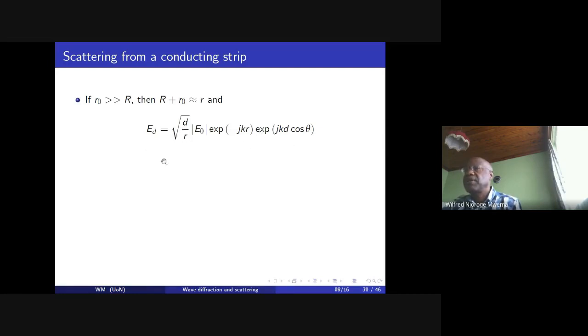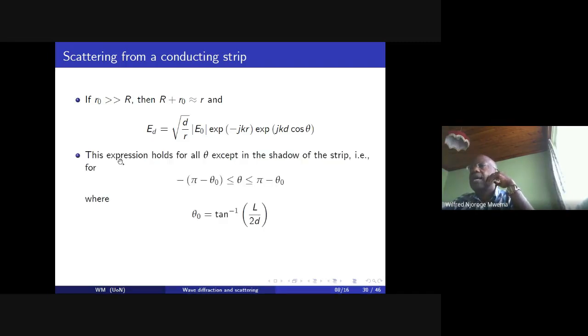And this is what we were looking at before, and this is what we call the cylindrical wave, because the E field, instead of varying as a function of 1 over R, is varying as a function of 1 by square root of the distance. Therefore, the power flowing will be proportional to 1 over R rather than 1 over R squared as in spherical waves.